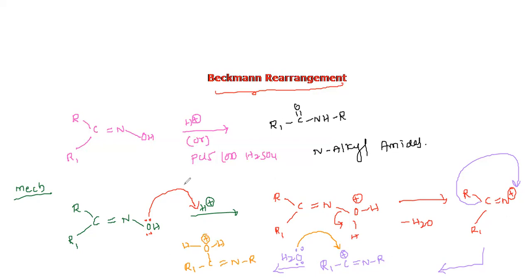This is unstable, and it is converted to a stable form. First there is loss of an H plus ion. Then R dash, C, OH, double bond NR, which again involves keto-enol tautomerism, a 1,3 shifting of proton.